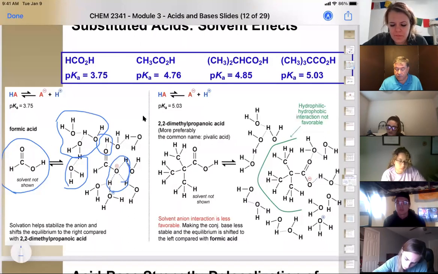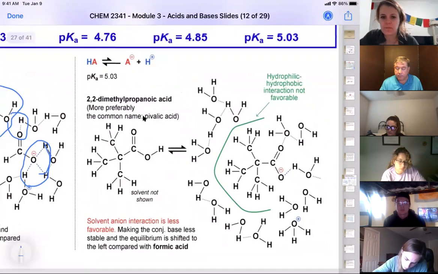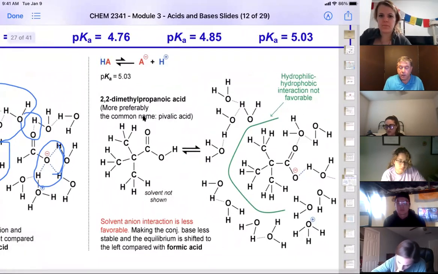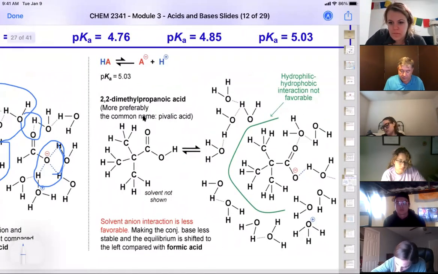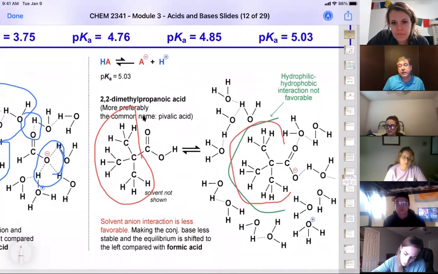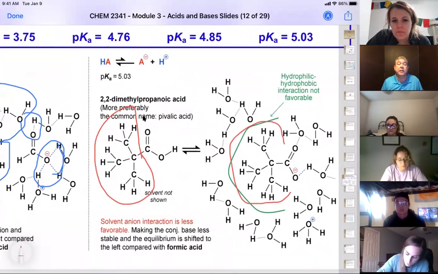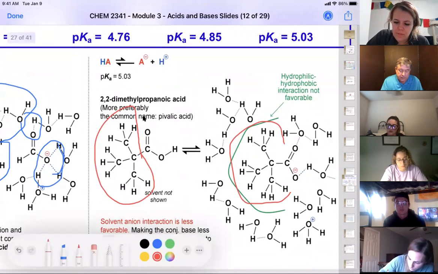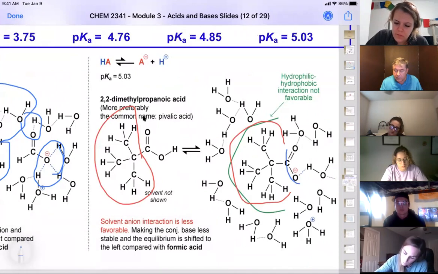However, when we go to that trimethyl version of it right here, we now have a big non-polar group. That means that entire half of the molecule can't have any hydrogen bonding interactions or dipole interactions because it's non-polar. So only this little teeny half of the molecule can actually do any kind of interaction with the water.